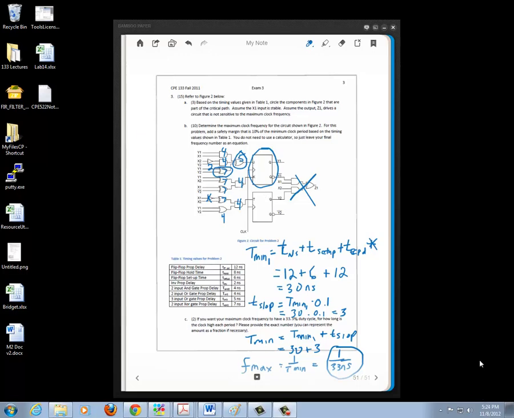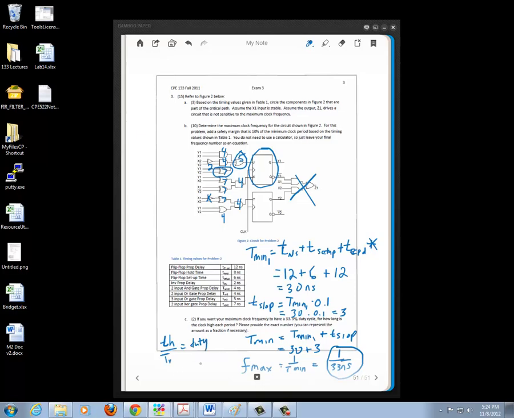So the last part of this question said, if you want your maximum clock frequency to have a 33.3% duty cycle, or rather a third of the time high, for how long is the clock high each period? Please provide the exact number. Alright, so if our Tmin was 33, the duty cycle, T high over T, which is Tmin, is equal to the duty cycle.